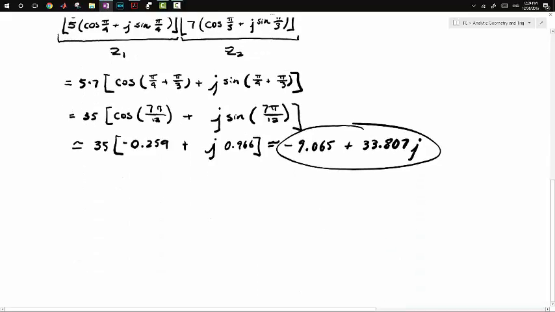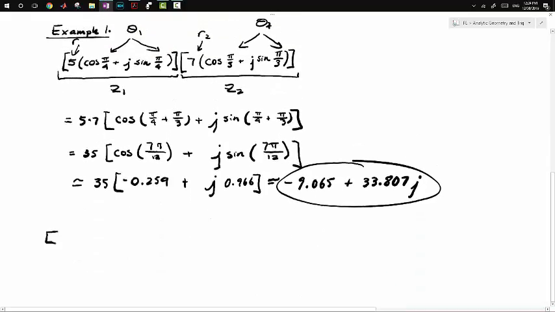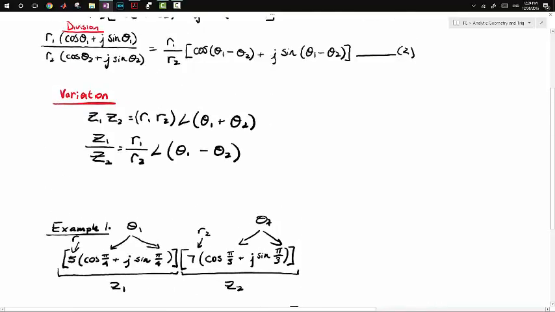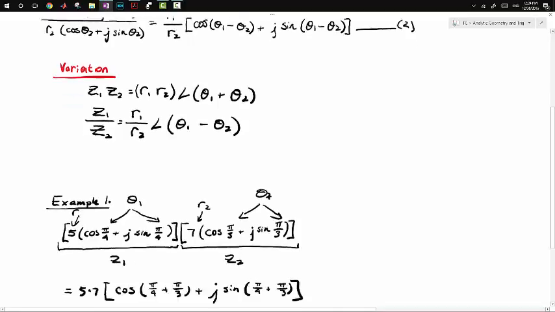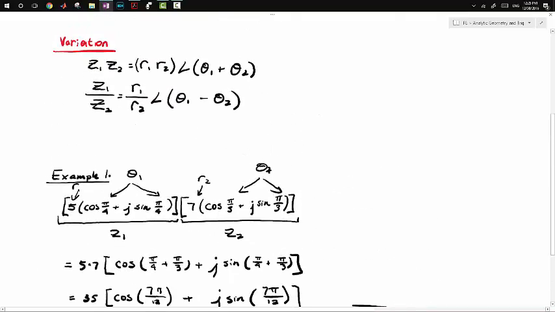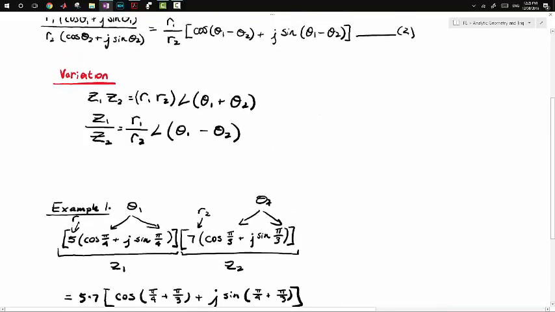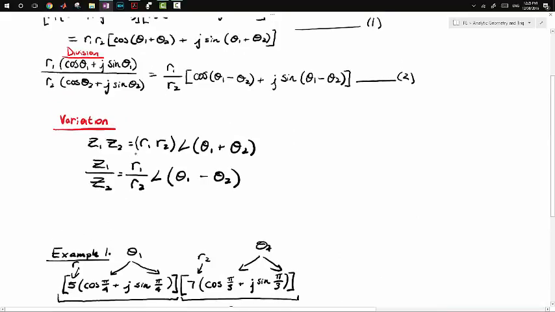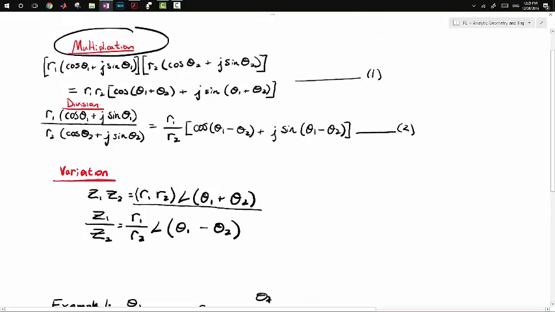And for example 2, this isn't necessarily practical in a test setting, but I just want to show you, just for extra practice, how we can use this variation equation, because when it's given in polar notation, as you can see here, this is also written as r comma theta.